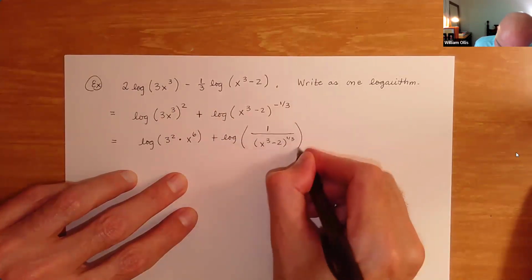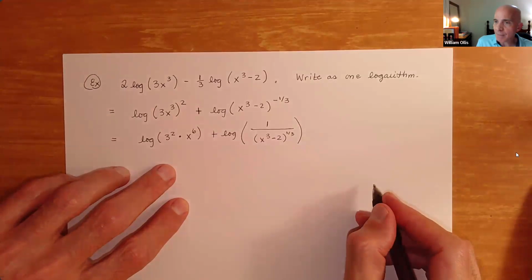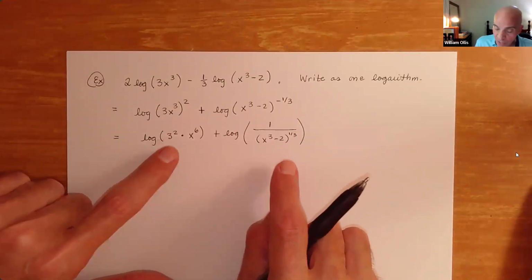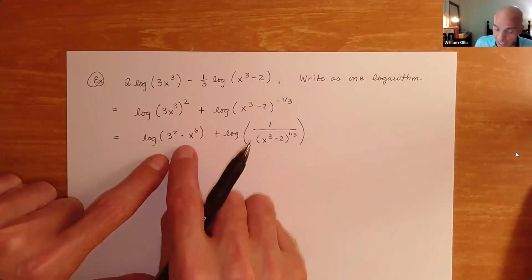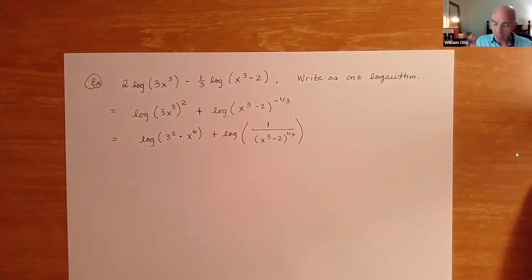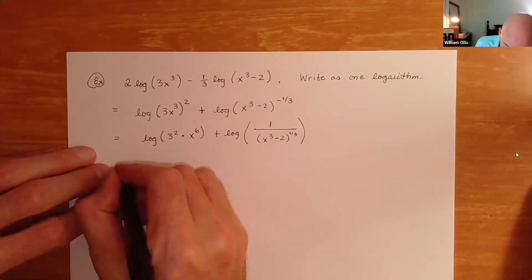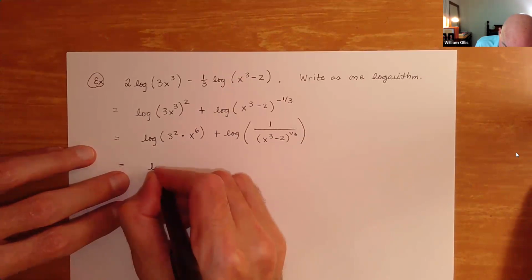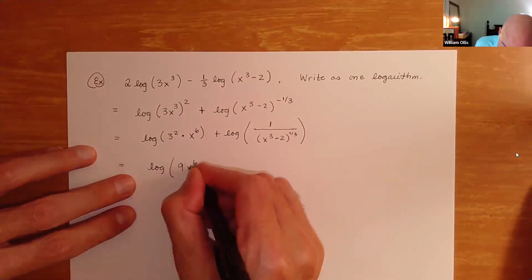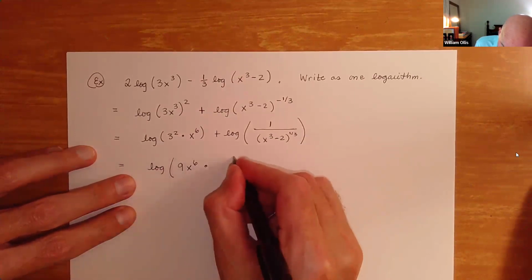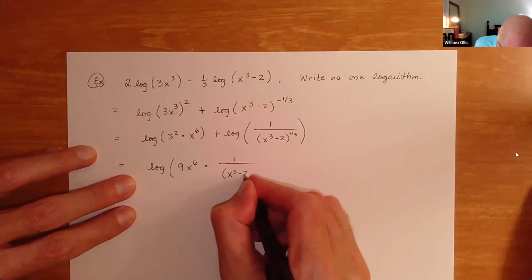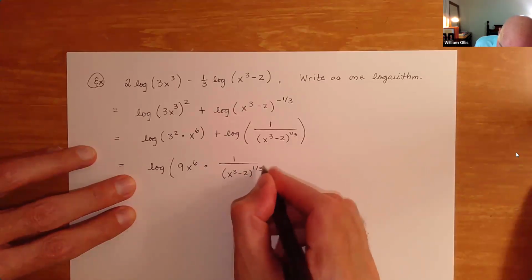Again, using the same identity we used with the last example. Now we have a product, for instance, we have the product rule. That is, now we have the sum of logarithms, coefficients of 1, which we can now write as 1 logarithm in this particular direction. So we have the base 10 logarithm of 9x to the 6th times 1 divided by x cubed minus 2 to the 1/3 power.